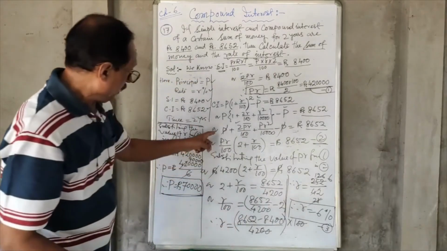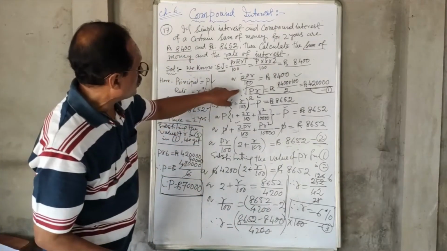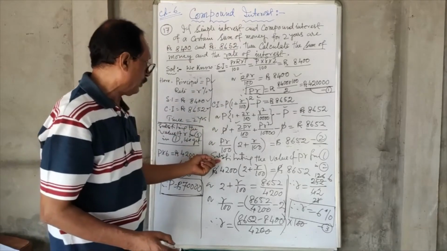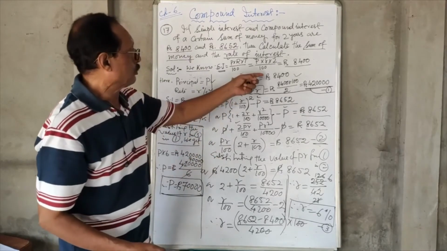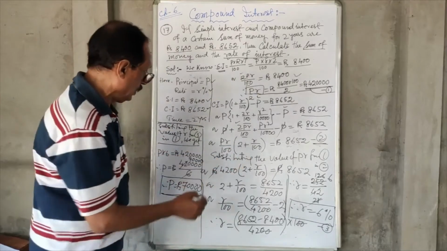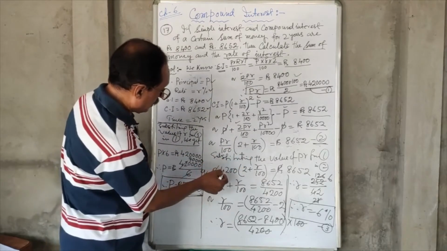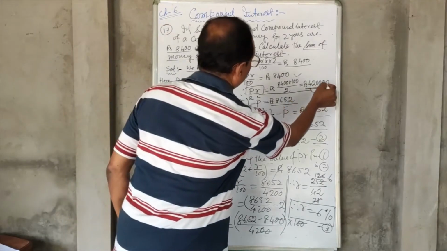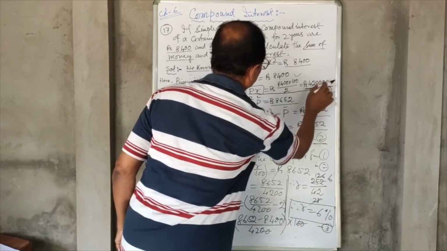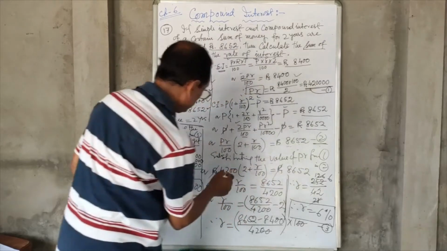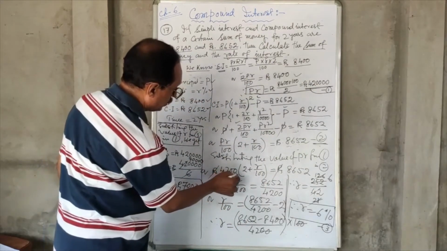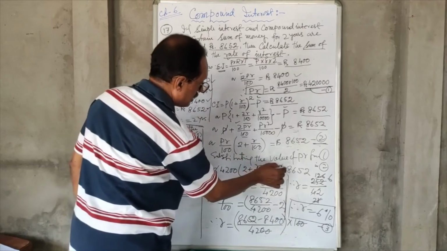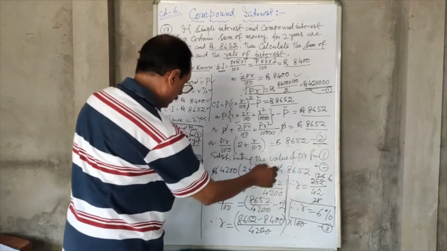Now the PR value we have got from the first equation, from the simple interest. If you substitute this value of PR from equation 1 in equation 2, then we will be getting this number divided by 100. Dividing by 100 means 2 zeros go out, so it will be 4,200. So 4,200 into 1 plus R by 100 is equal to rupees 8,652, and the rupees cancel on both sides.